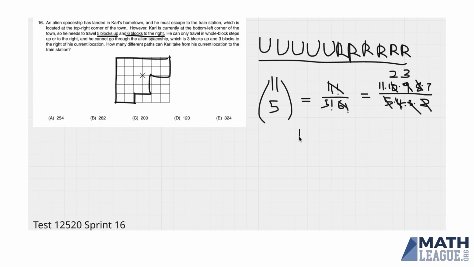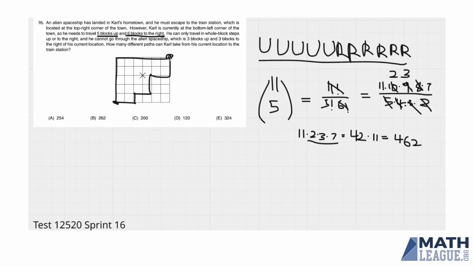So essentially we have 11 times 2 times 3 times 7, which we can calculate. My suggestion is to calculate these 3 first. It would become 42 times 11, which is equal to 462. So these 462 paths are simply the paths it takes to get from where Carl is to the train station.